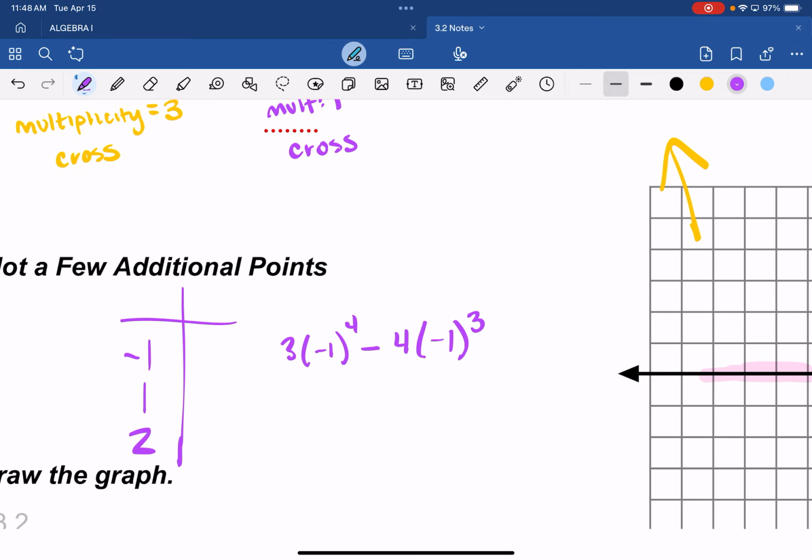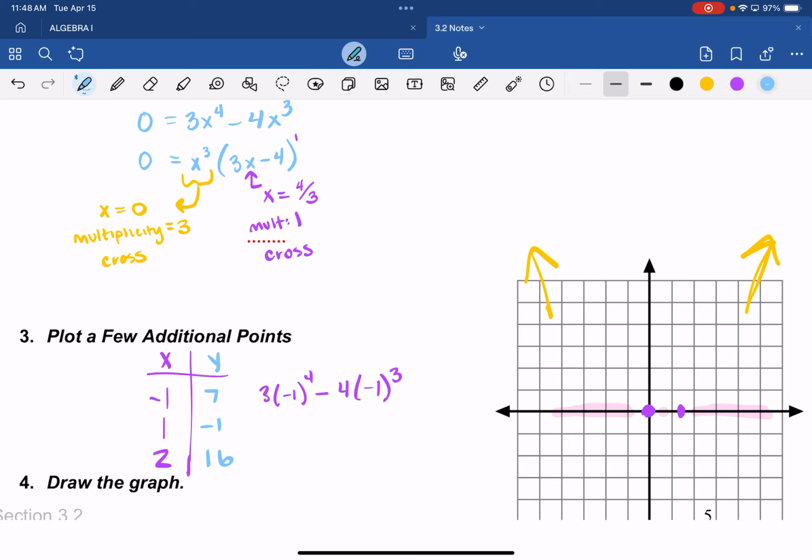You could do it by hand, or like I said, you could just put it in your calculator and find the table of values. I'm going to give you our numbers just for time's sake. We would get 7, -1, and 16 would be our y values.